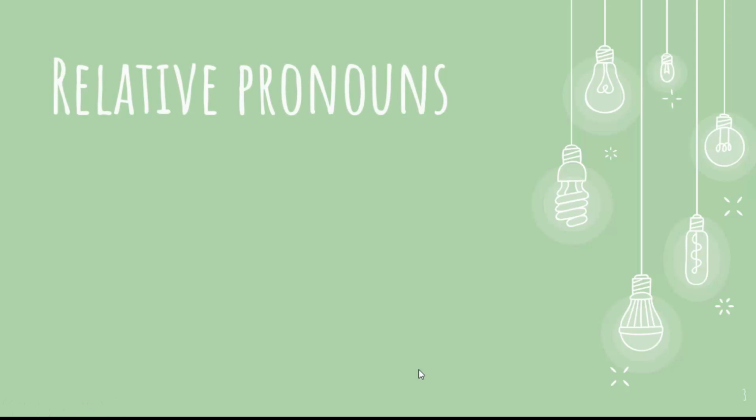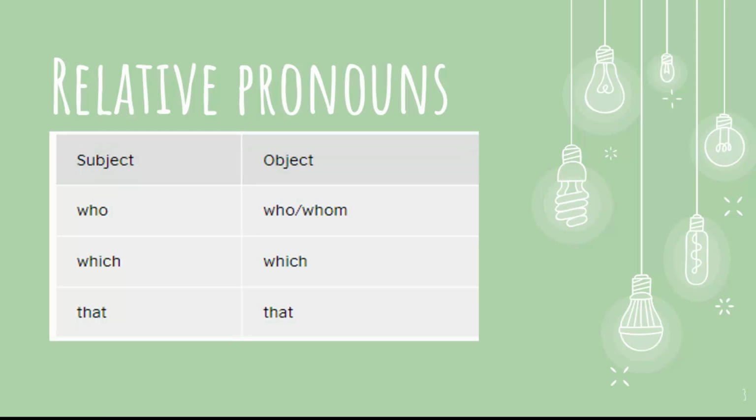Before we go to defining relative clause and non-defining relative clause, we need to know about relative pronouns. Today I'm going to teach you only three main relative pronouns, such as who, which, that. It can be subject or object.